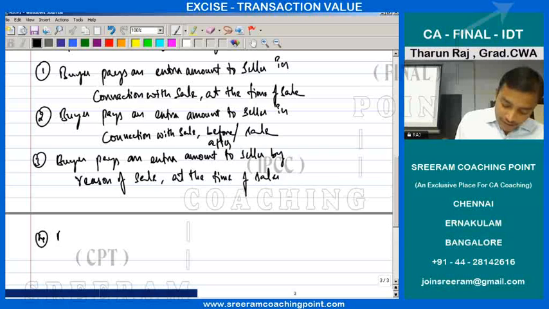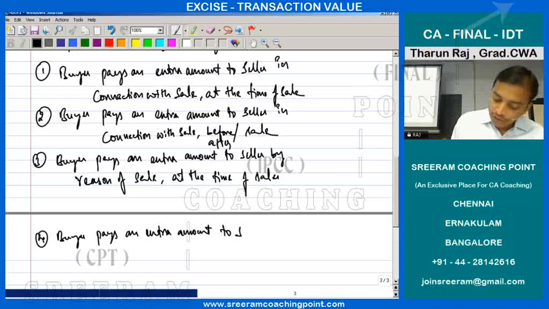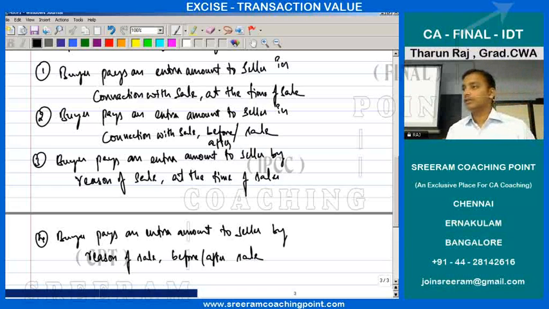Next, the buyer pays an extra amount to the seller by reason of sale before or after sale. Okay, no need to write.